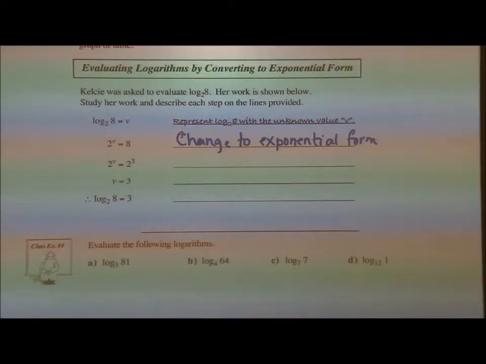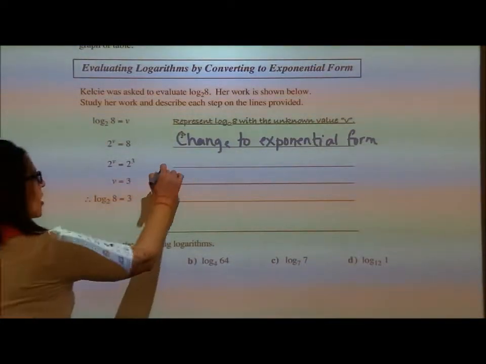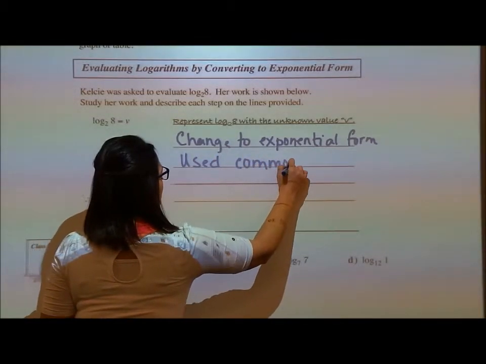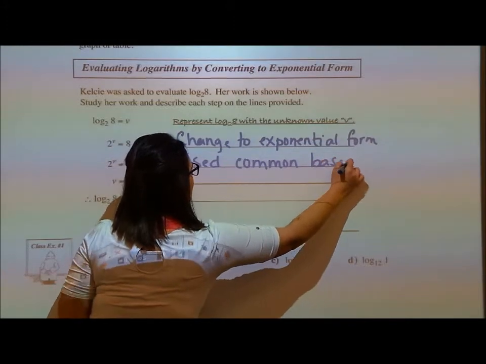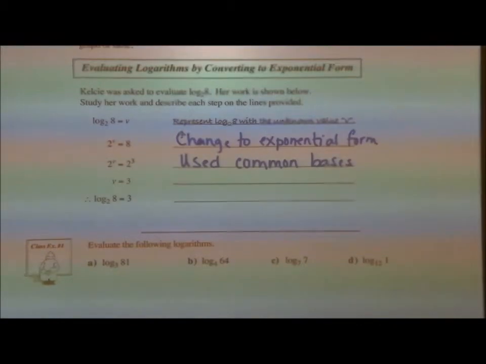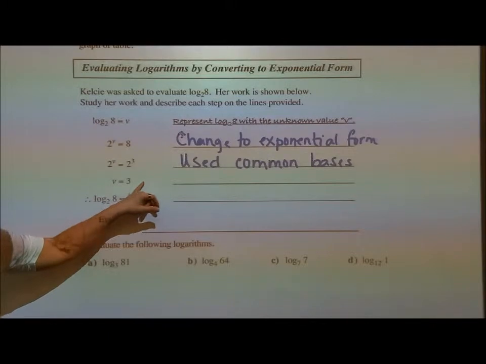The next step we have 2 to the power of v equals 2 to the power of 3. So what was the step? What did I do from this point to this point? Used common bases. And then I have v equals 3. So where does this come from?